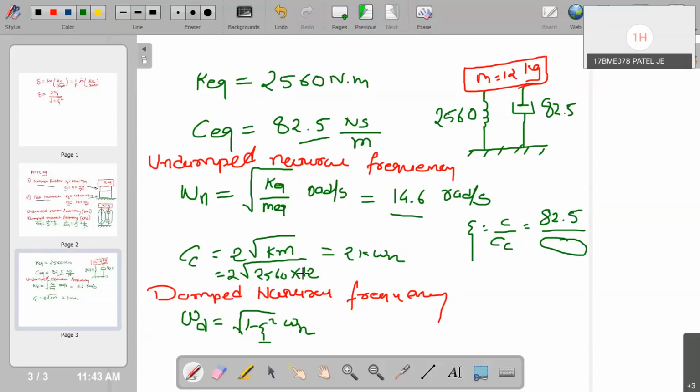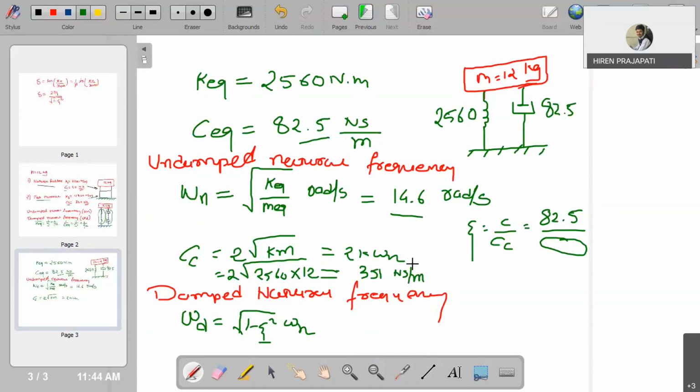That gives 175.27, and multiplied by 2 gives 350.54. If we round this off, we can say it is 351 Newton second per meter.